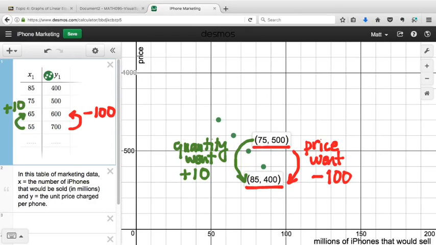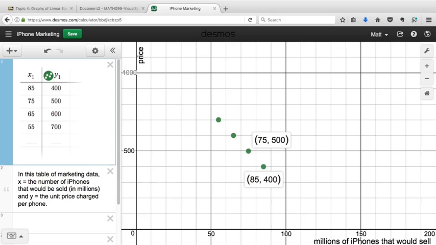But then the question comes in, well, what if I'm not choosing 2 points that are next to each other? What if I choose instead, let's say I choose these 2 points. So this would now be the first row of the table and the third row of the table. If we do that same process, let's figure out what gets produced there.